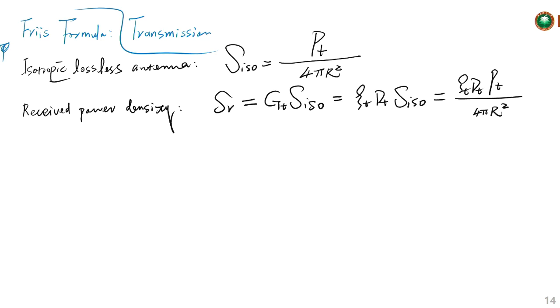As we know, Dt, the directivity, can be simplified as 4 pi At divided by lambda squared. So this equation can be expressed as psi t At Pt divided by lambda squared r squared.